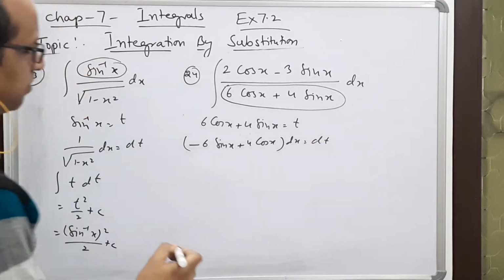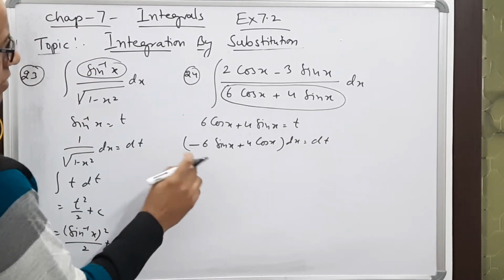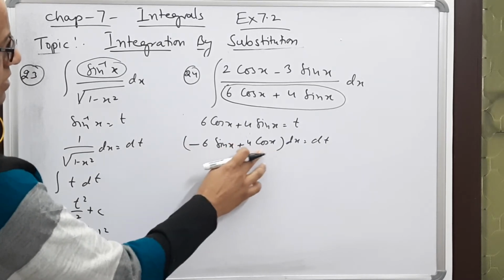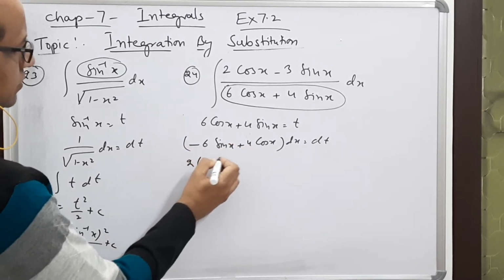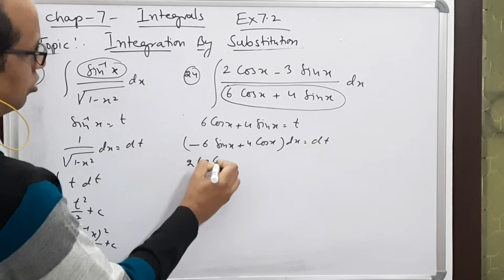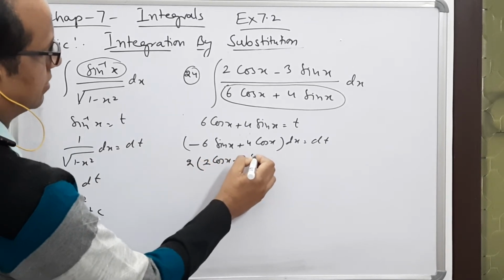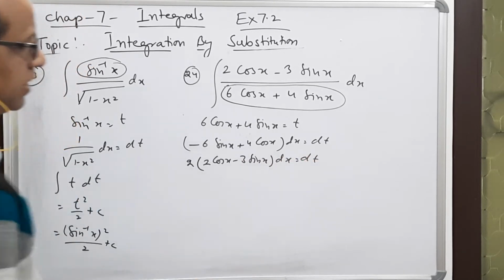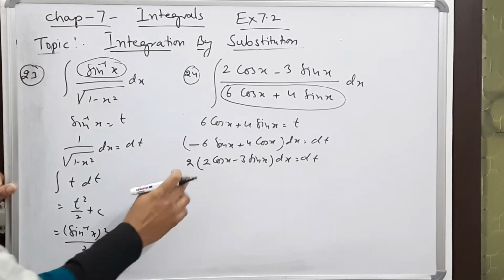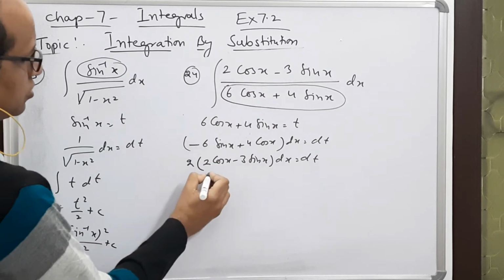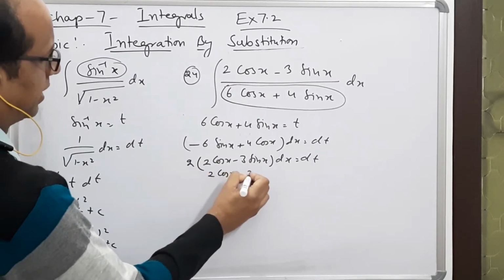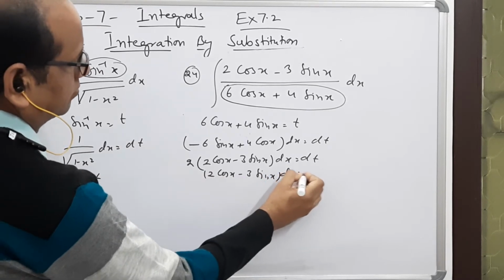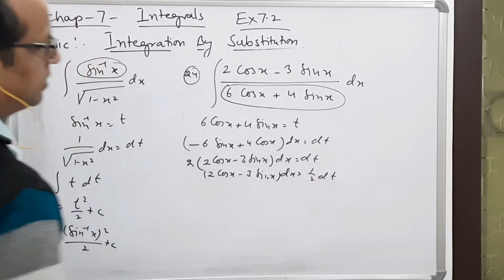And from this particular part, if I take 2 common, it is 2 cos x minus 3 sin x dx equals dt. And now you can see this part is here. So 2 cos x minus 3 sin x dx will be half dt.